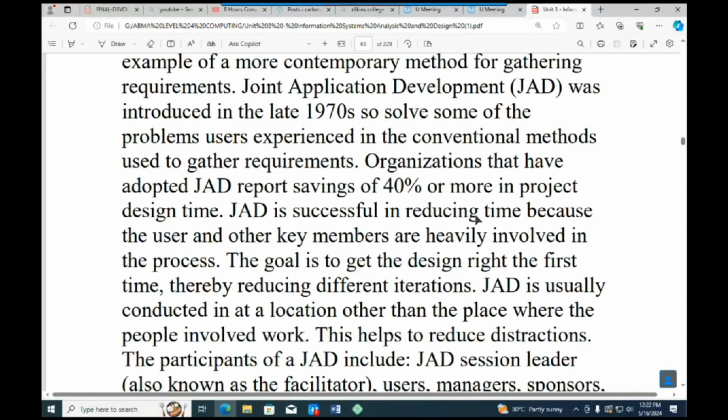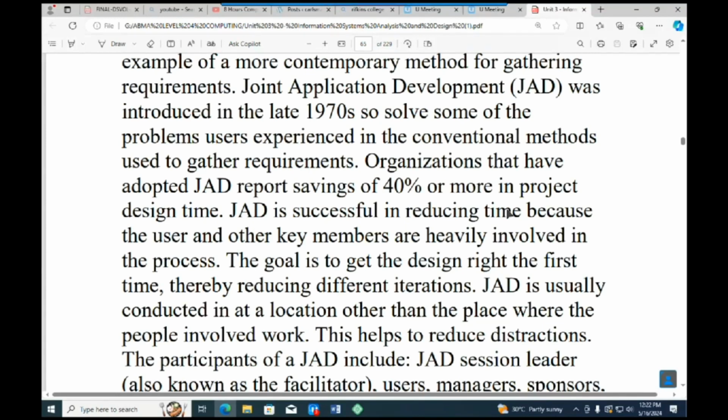When organizations began using the JAD, there were reports of savings of about 40% or even more in the project designing time. In other words, they saved 40% of the time in comparison to the traditional methods.